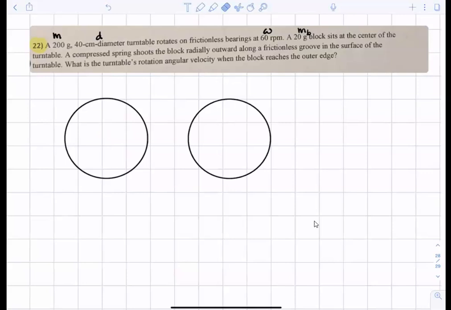Let's try this again. Here's the groove. I didn't want to lose the groove at all.